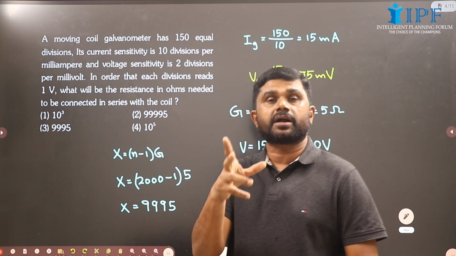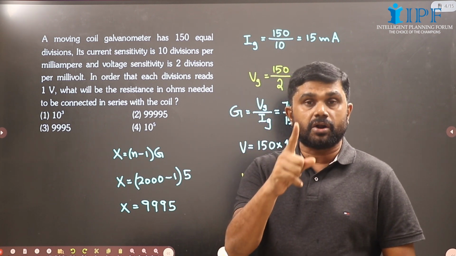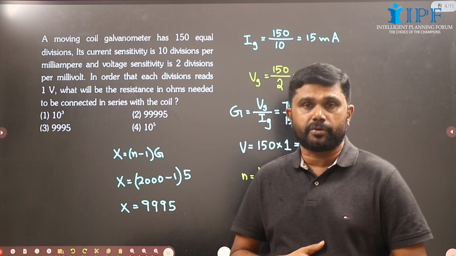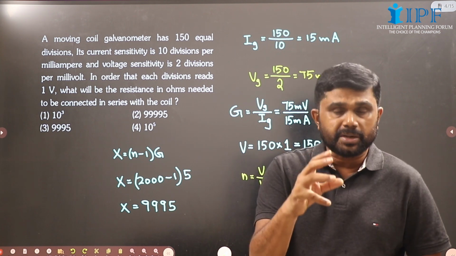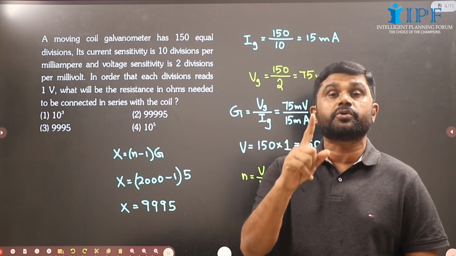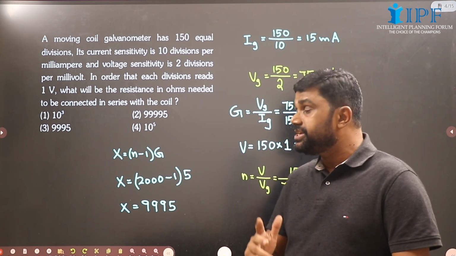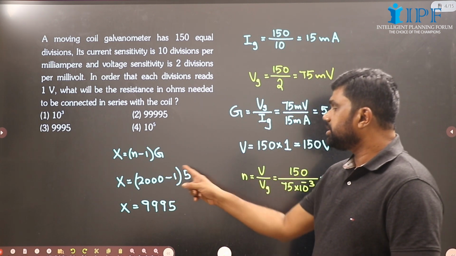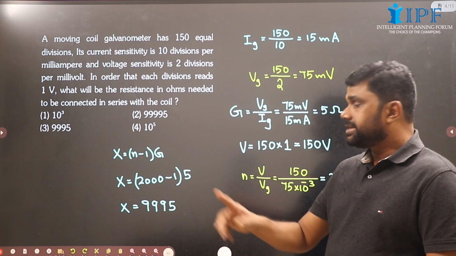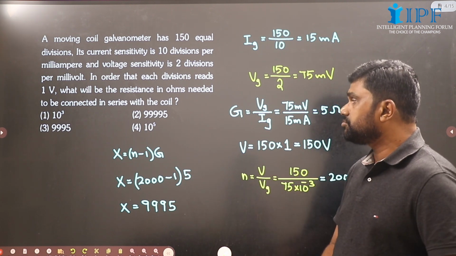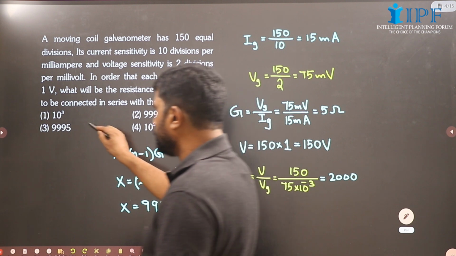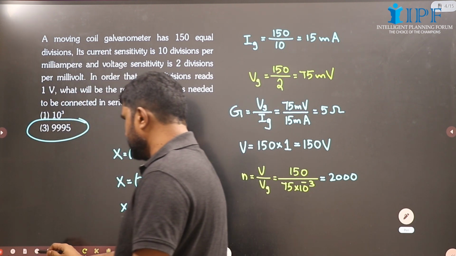So we have to connect a high resistance called a multiplier in series with the galvanometer. Okay, and that multiplier value X is equal to n minus 1 into G. Means 2000 minus 1 into G is 5. See, 2000 into 5 is 10,000. 10,000 minus 5, that is 9,995. Okay, this is to be connected in series.